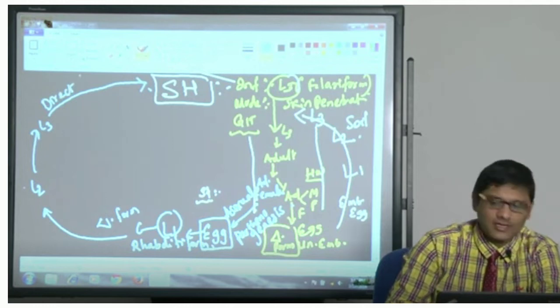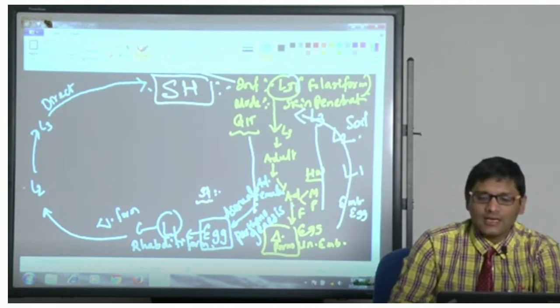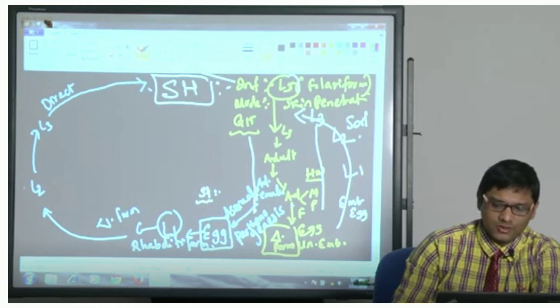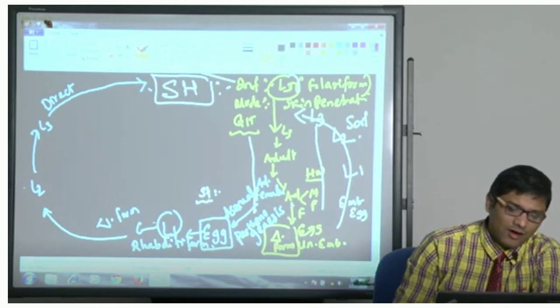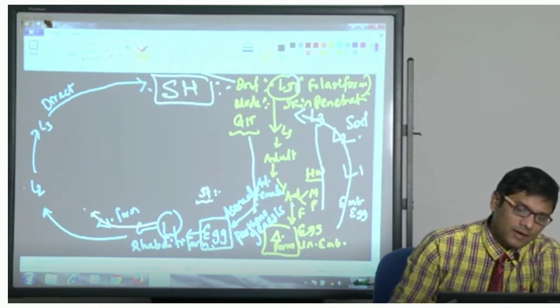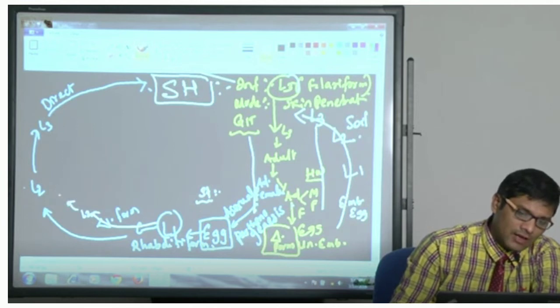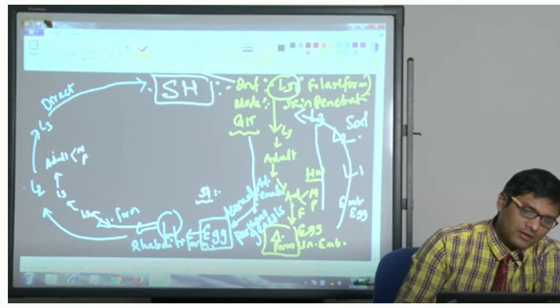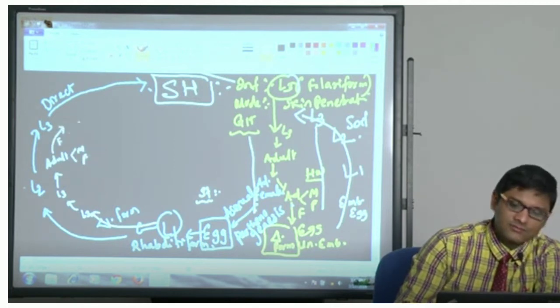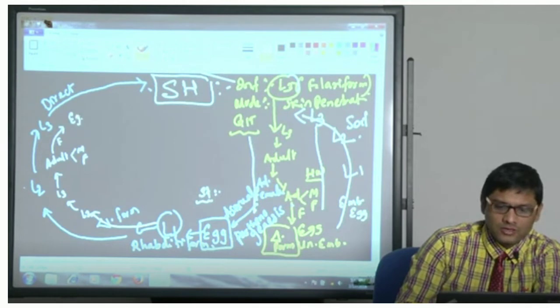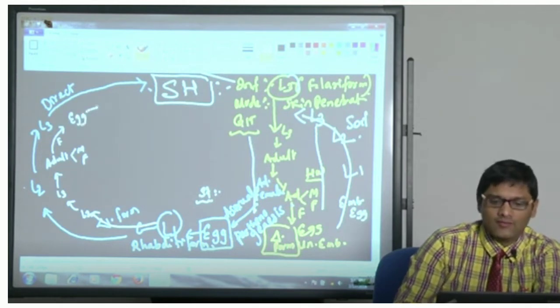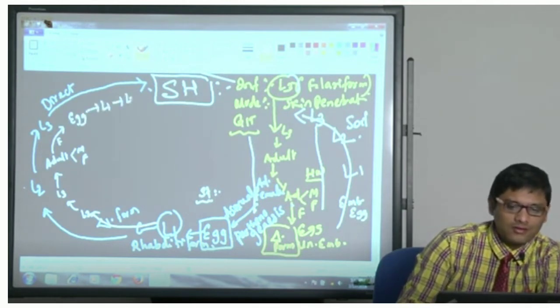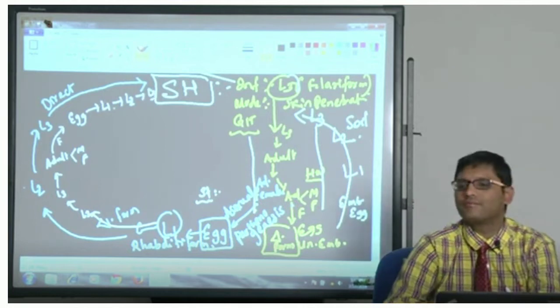This is called the direct environmental cycle. There is an indirect environmental cycle also, in which L1 will become L2, L3, then adult male and female, and they undergo fertilization to produce eggs. The egg will hatch out to become L1, then L2, then L3.